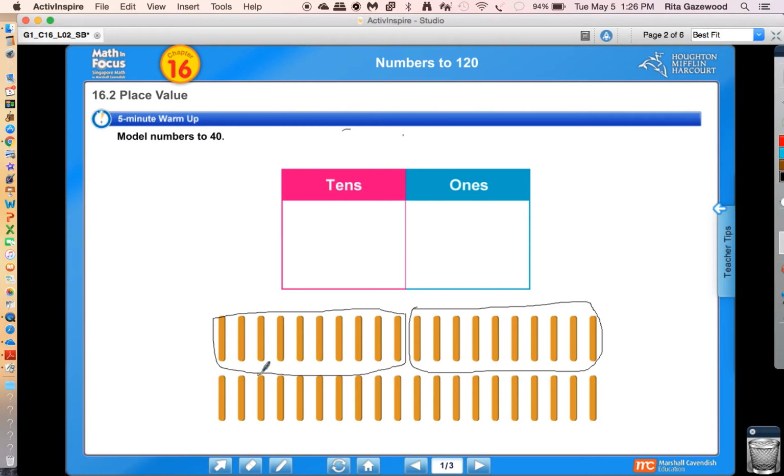Three groups of 10. It's my four groups of 10.